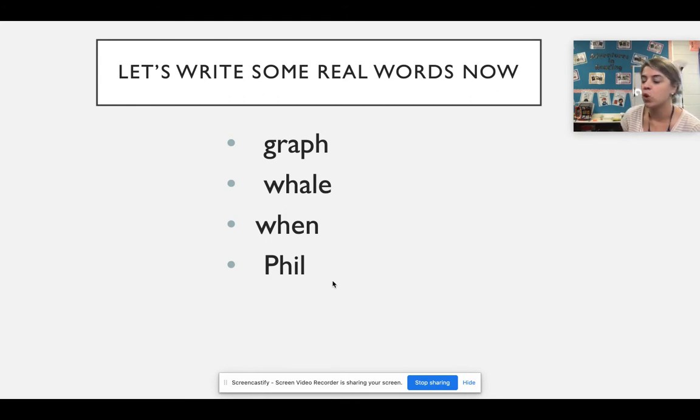My board is white. This one also has a magic E and a digraph. W-H-I-T-E. White. Very good.